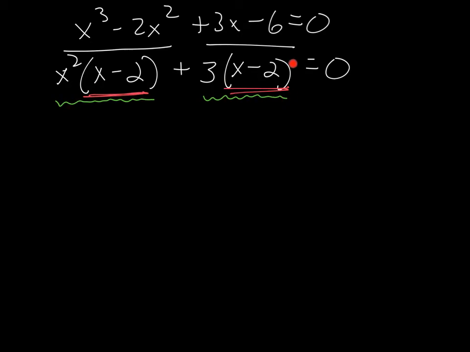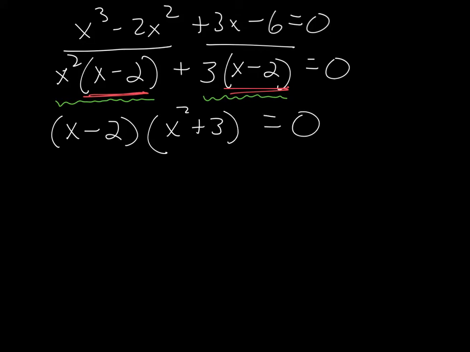The common factor of both of those is the x minus 2. So that's going to come out front now as the GCF. And then I'm left with, if I take this away from those, x squared plus 3. Equals 0.